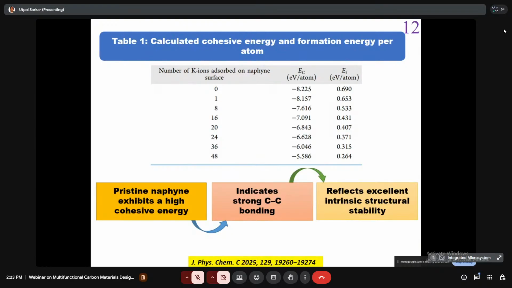That means the process is favorable. From this we can conclude that the pristine naphthalene exhibits high cohesive energy. That means the carbon-carbon bonds are very strong, and that reflects the structural stability or structural integrity of the system, and that persists even after the absorption of 48 potassium atoms.